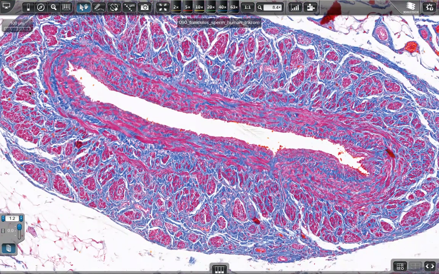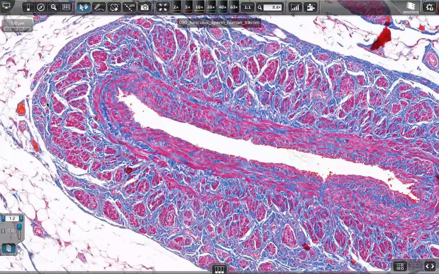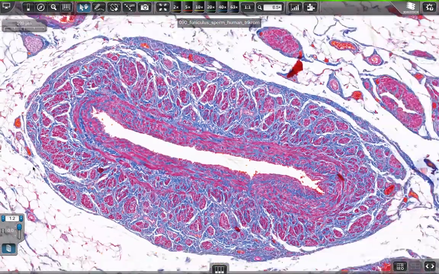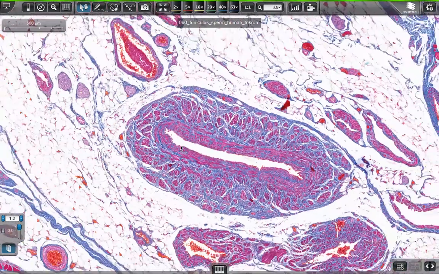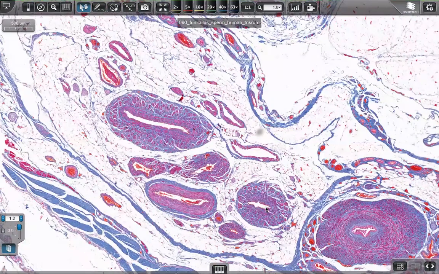That's the tunica media. Maybe that side is a little bit better. And this is the adventitia, which fuses with the environment. So many lumens here form the pampiniform plexus. The pampiniform plexus is a really well-developed venous network, covering the components of the spermatic cord. Only one artery, that's the testicular artery.